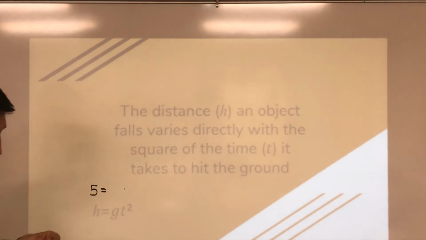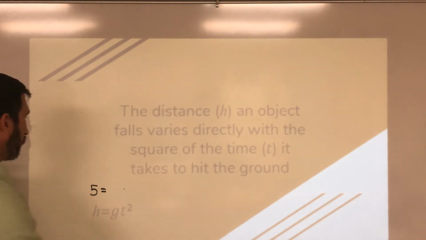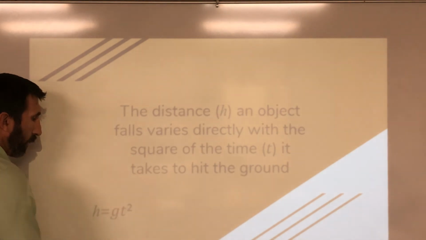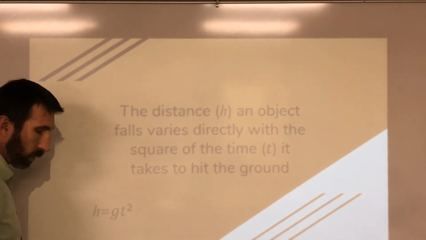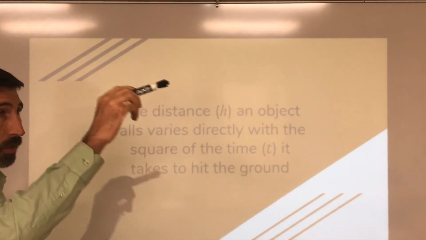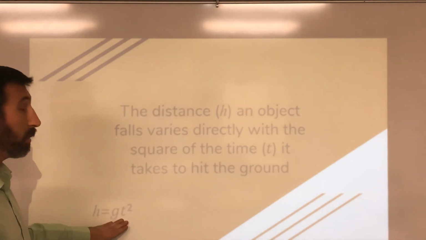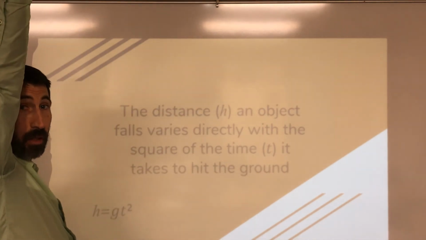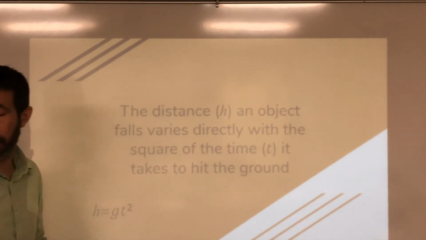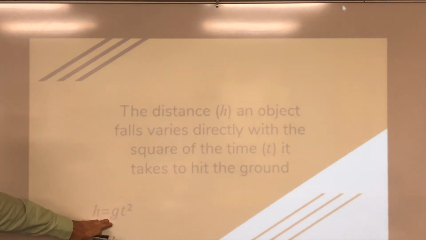Okay? And if I found out what that g was, so if I drop this one from 5 foot, now if I drop this one from 3 foot, my g is still going to be the same. If I drop it from 8 foot, my g is still going to be the same because it's my constant of variation.